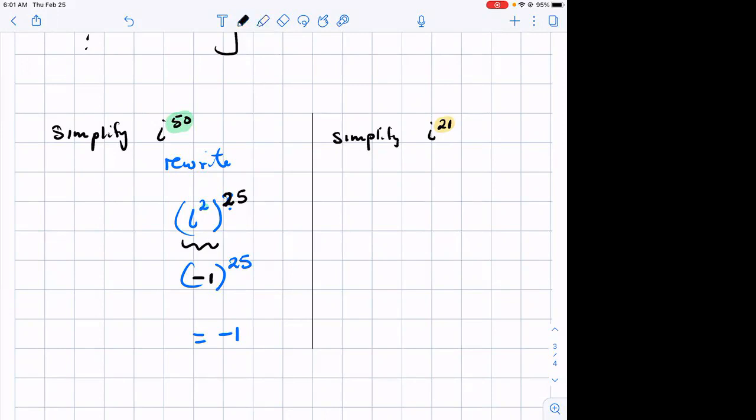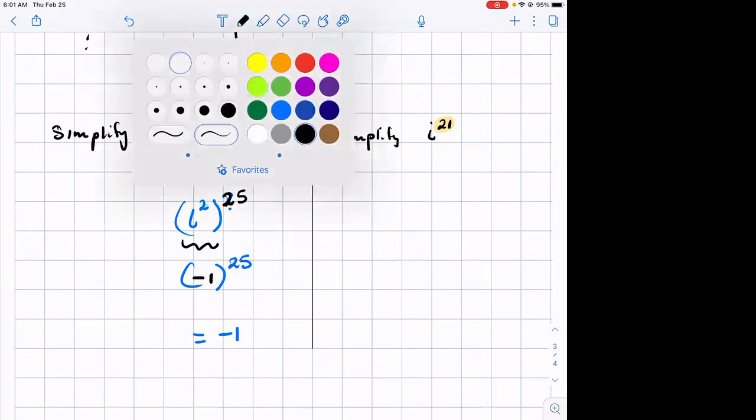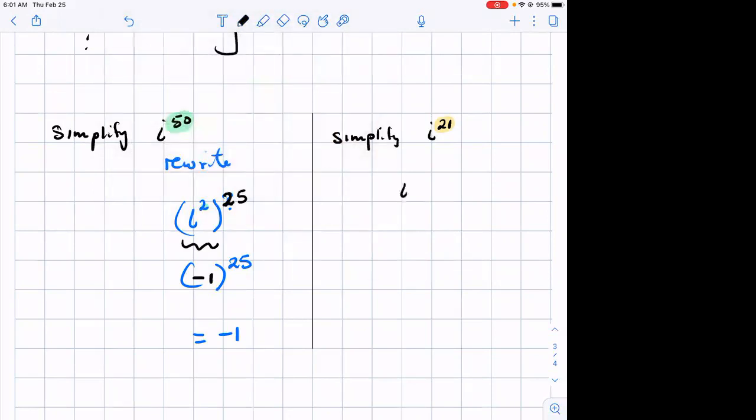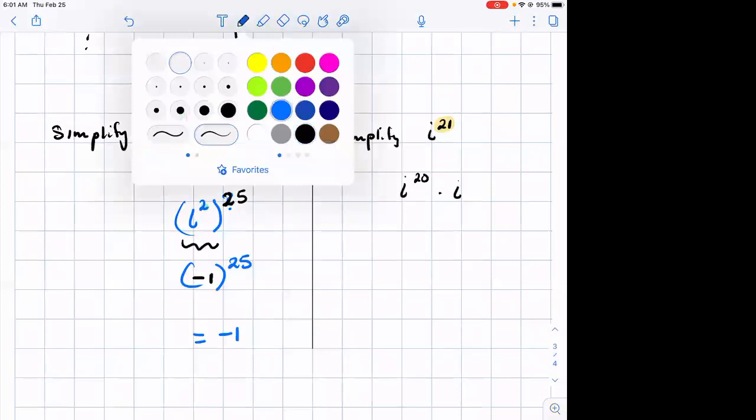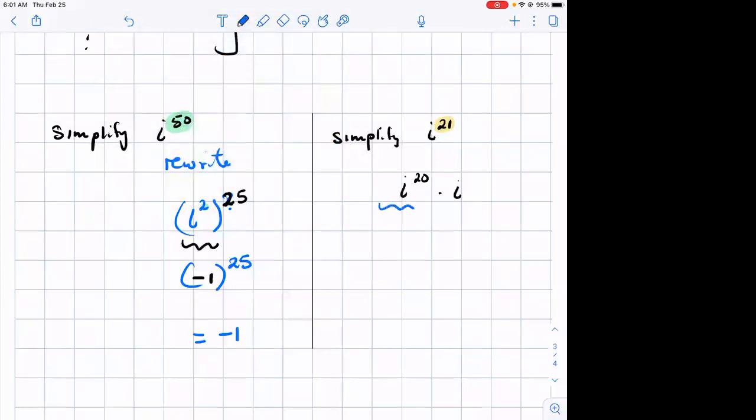You will have to break it up as i to the 20th power times i, because that is the same as i to the 21st power. And then we rewrite the even side.